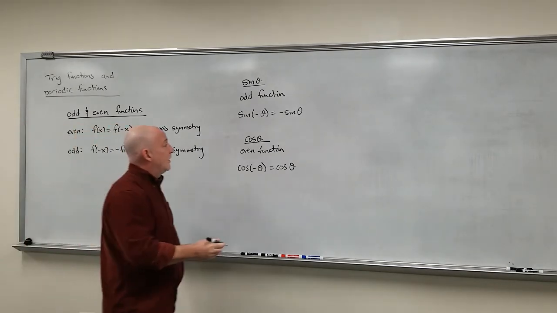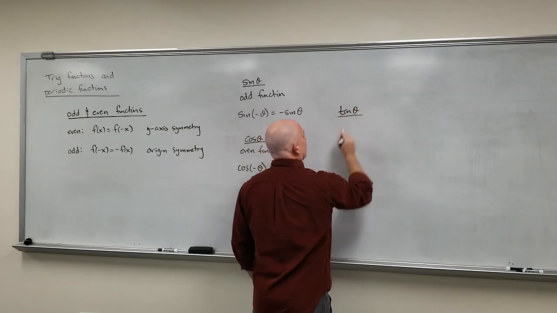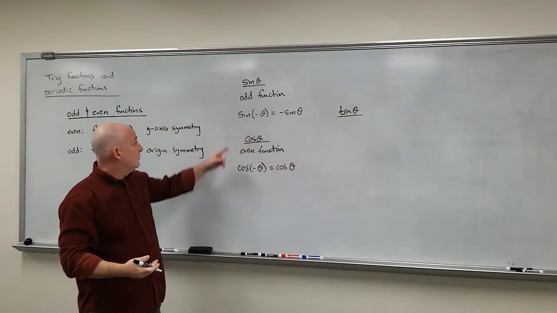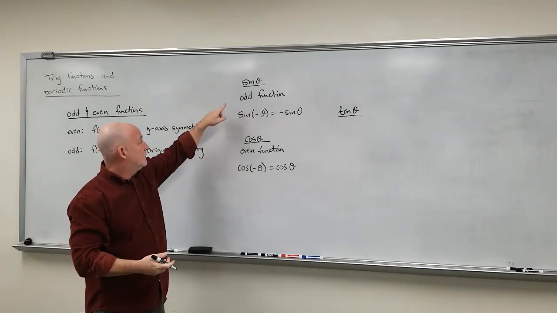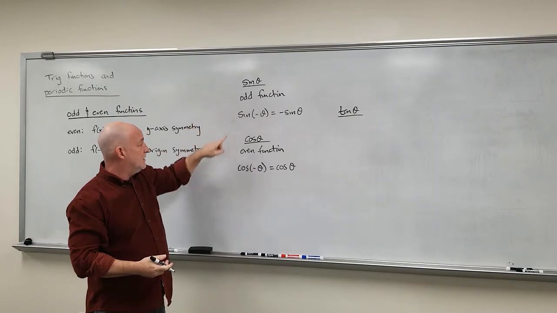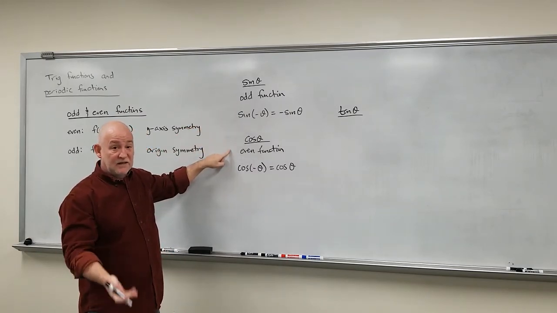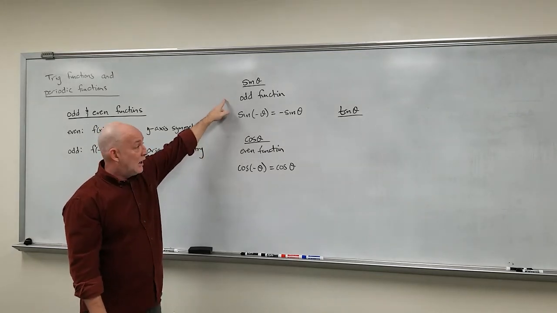Now for our last one, I guess I'll stick it right here, our tangent function. You can think about this in terms of positives and negatives. If you think about odd as negative and cosine being positive, I know tangent is sine divided by cosine. So a negative divided by a positive is a negative, or an odd divided by an even is an odd function.